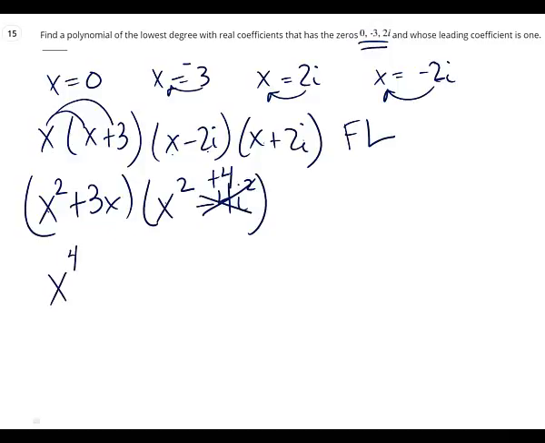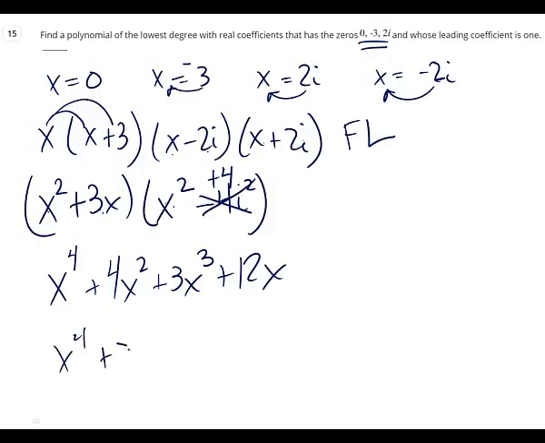Good. X squared times 4. 4x squared. Good. 3x times x squared. 3x cubed. 3x times 4. Good. Is that okay?